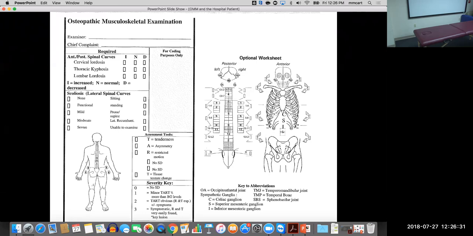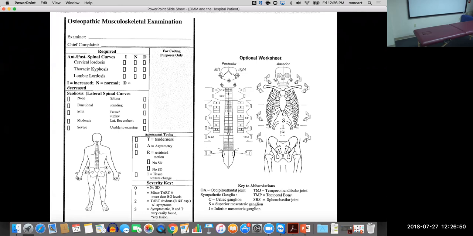It has the mark in the middle here for celiac, superior mesenteric, inferior mesenteric ganglia. Of note also that the renal takeoff is about at that same location as the superior mesenteric.